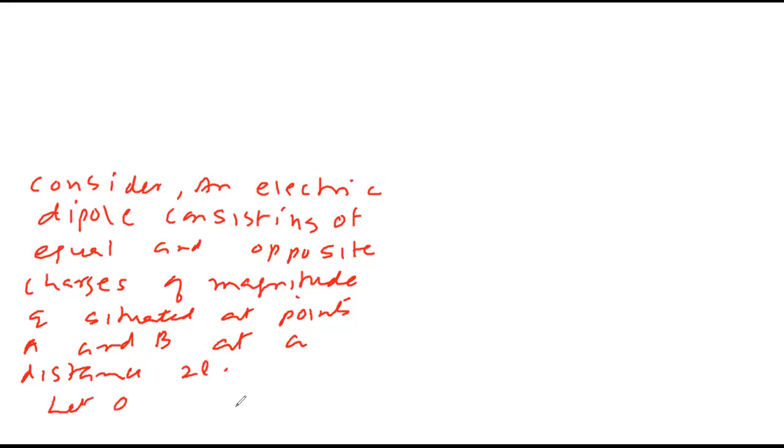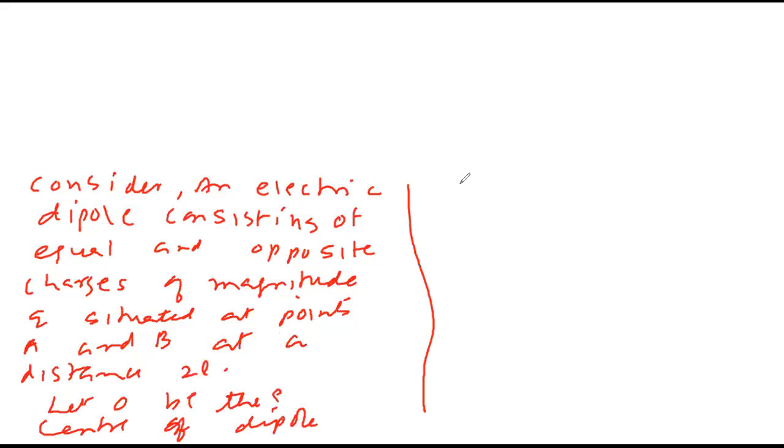Let O be the center of the dipole. Therefore, OA equals OB equals L.